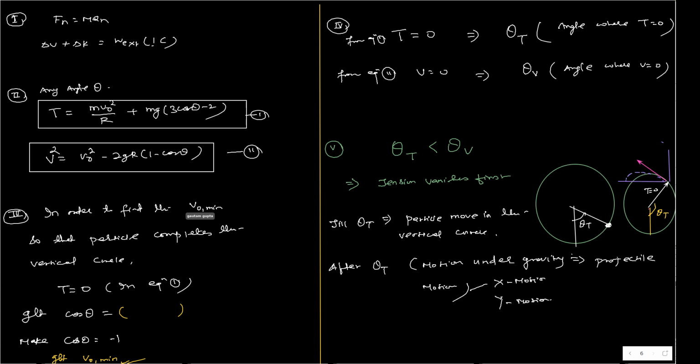How will you get this velocity? Put theta equal to theta t in the velocity expression in equation 2. That will be the initial velocity for the projectile motion.